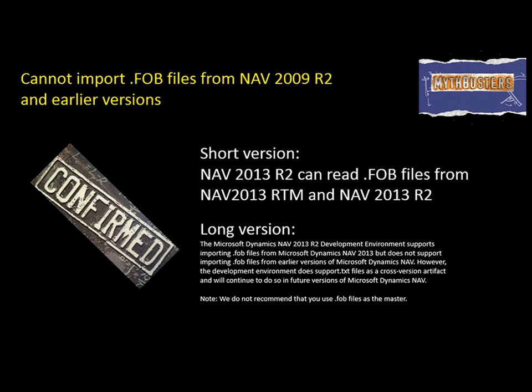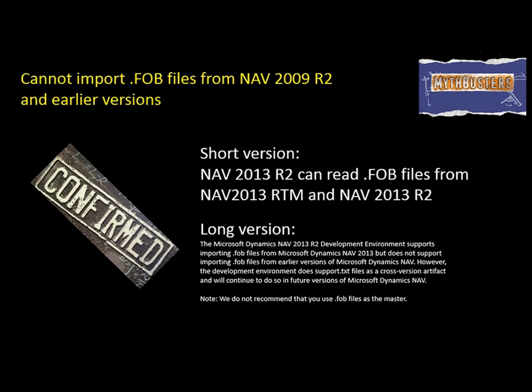It's absolutely true that we cannot import FOB files from versions earlier than 2009 R2. The reason is that the maintenance of being able to import FOB files from way back keeps growing, and we keep allocating more and more people to maintain these bits and pieces of code, because we need to do testing, and we need to do a lot of things when we have code sitting in our code base, otherwise we'll get red flags all over the place.